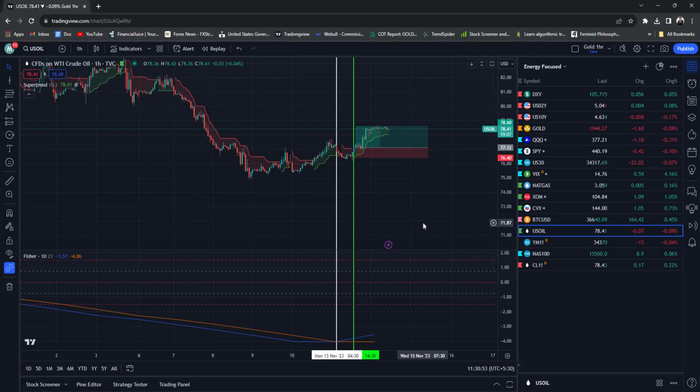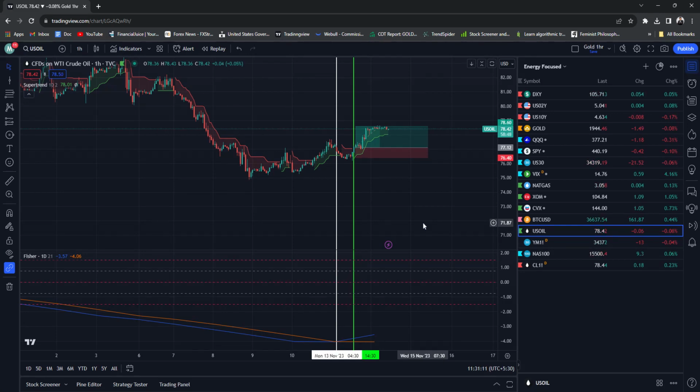But the point of the strategy is we don't need to worry about the directions. We don't need to worry about what the market is doing, or anything else other than what is in front of us on the charts, because that is being done by the Supertrend and the Fisher.